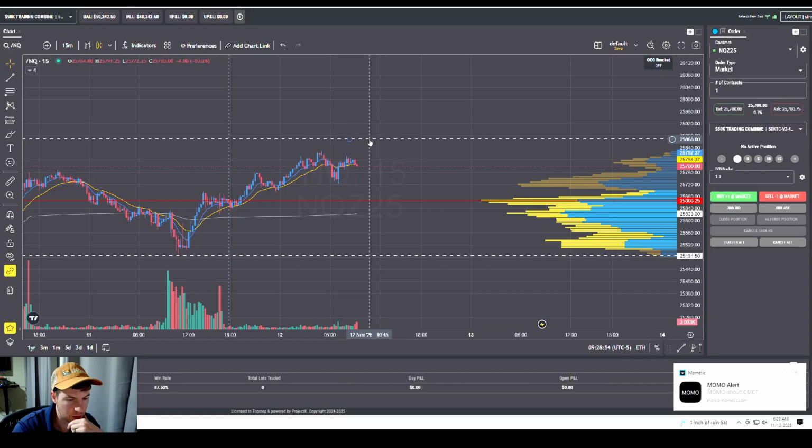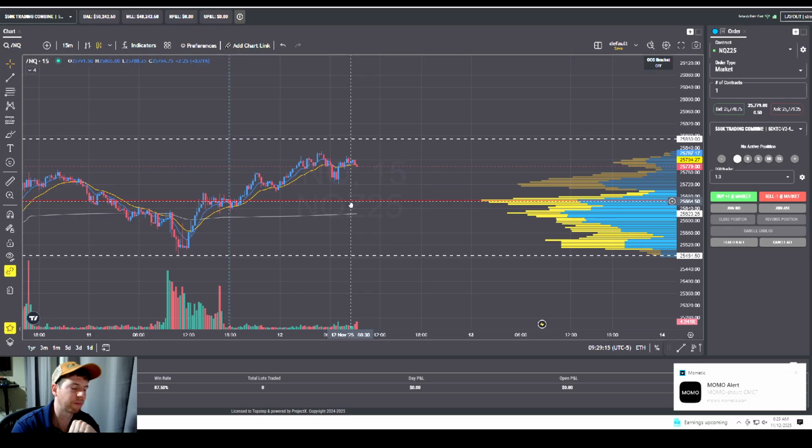Otherwise, if it looks like it's more of a quick spike above and then a rejection down, then I'm going to get in on a pullback back up into this horizontal line, and then hopefully reject down with a short position, and at least get down to here.